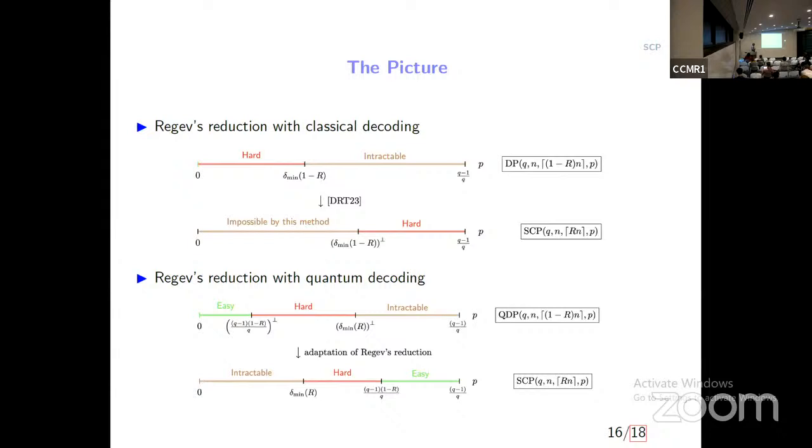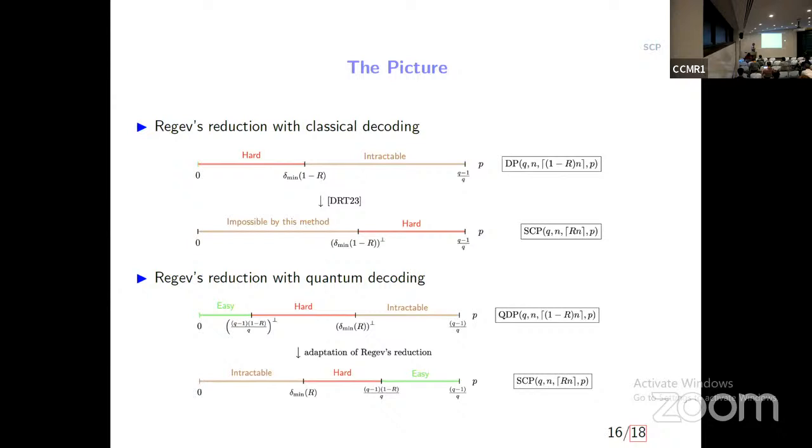And the unfortunate thing, if you look at this picture, is that it's precisely the picture I gave you before for the best classical algorithm. In this regime, there's also a classical algorithm for doing exactly the same thing. But now we can go into a regime where, even by using this reduction and the best decoding algorithm, you cannot go up to here.